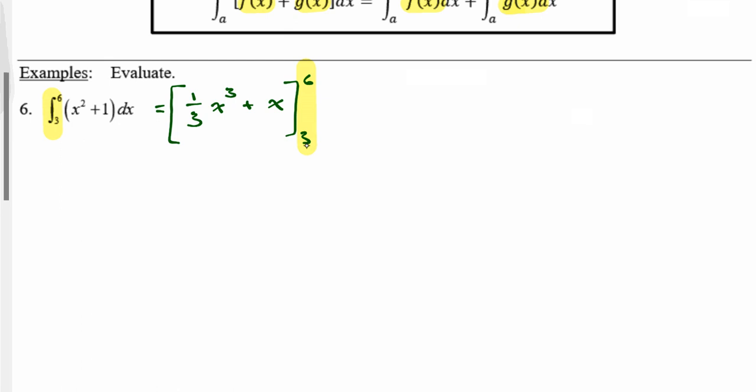This is just a notation that's used by convention, so we need to get familiar with it and use it. Reminder that this means that we will take our function when we plug in the 6, and we're going to subtract our function when we plug in the 3.